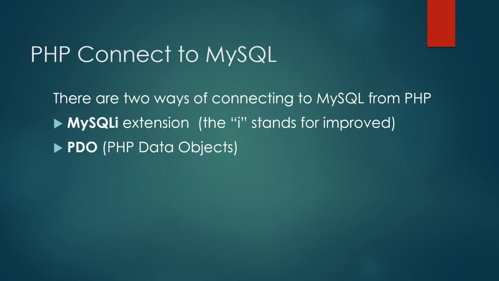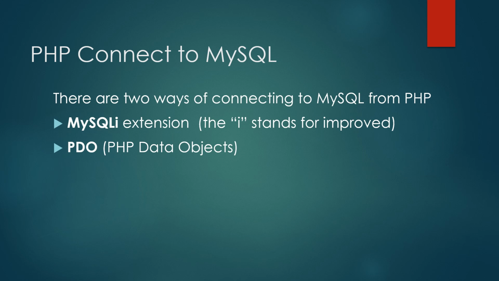Now, there are two ways of connecting to MySQL from PHP. One is using the MySQLi extension. The i stands for improved, and the other is to use PDO. You can use either of these to connect your PHP code to your MySQL database. Both of them have advantages.